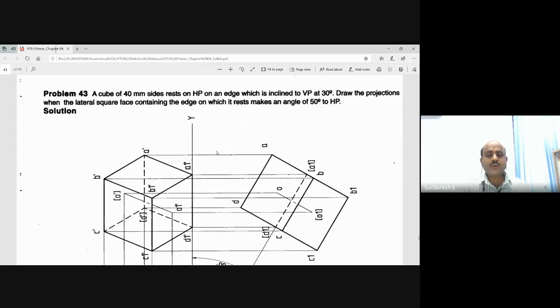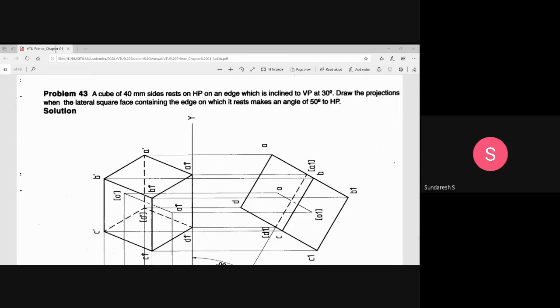Draw the projections when the lateral square face containing the edge on which it rests makes an angle of 50 degrees to HP. So this is the problem on a cube.